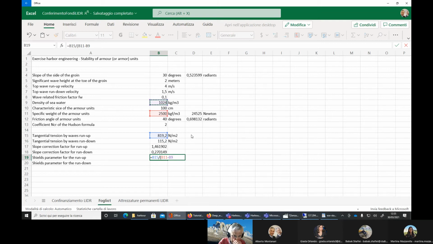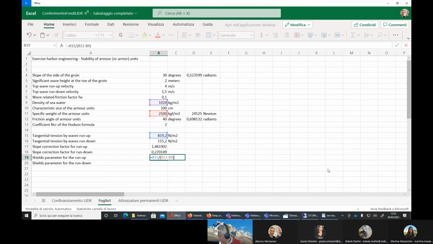And let me see. Okay, I think in this case this is fine. This should be the specific weight of seawater, not the density. But if we assume that we take the values not in Newton but in kilograms, this is fine. In kilogram force, I can take the value of 1024.